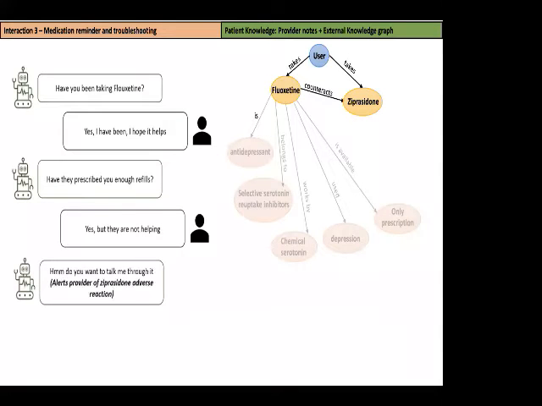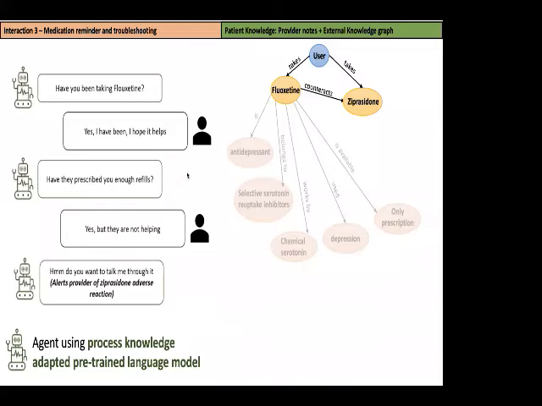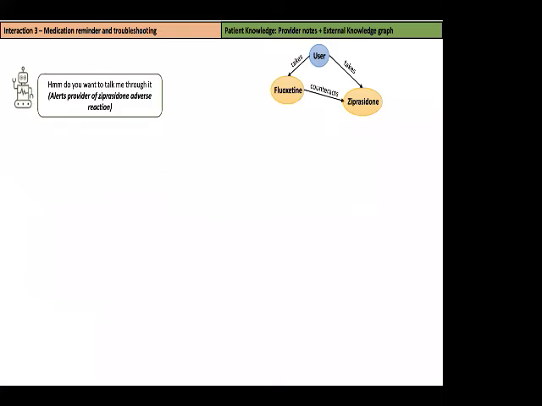Now, when the user says the meds are not helping, when the bot registers this information, it also sees that fluoxetine counteracts something that the user is already taking, and constructs a potential hypothesis and alerts the care provider. It doesn't talk to the patient directly of this.